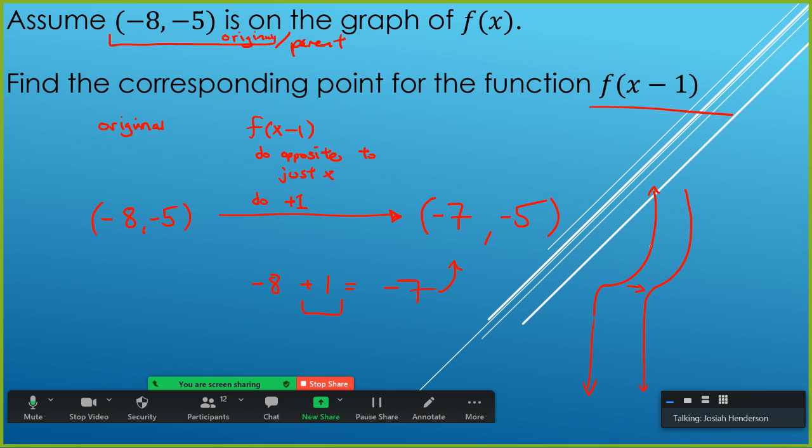So this first point was at negative 8, negative 5. And then we shifted it, and the new one is negative 7, negative 5. That's what's happening here. We don't have to worry about the whole function, but here's an image of what that might look like after doing its plus 1 shift.